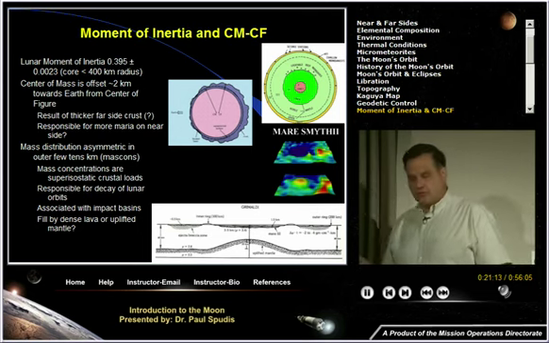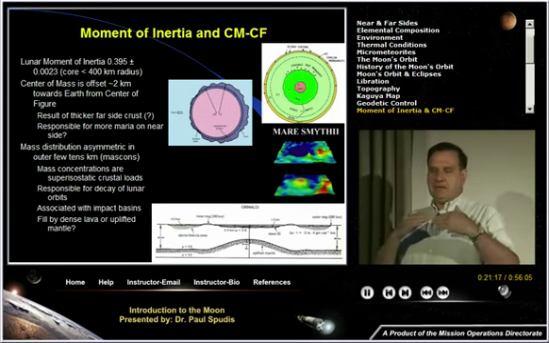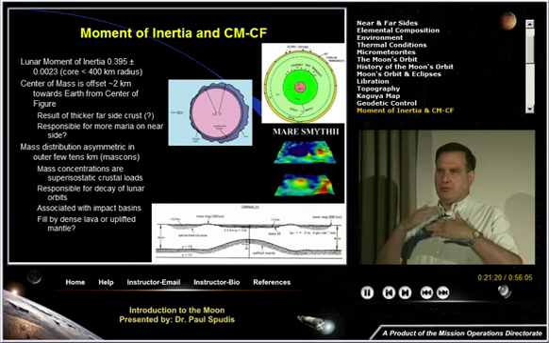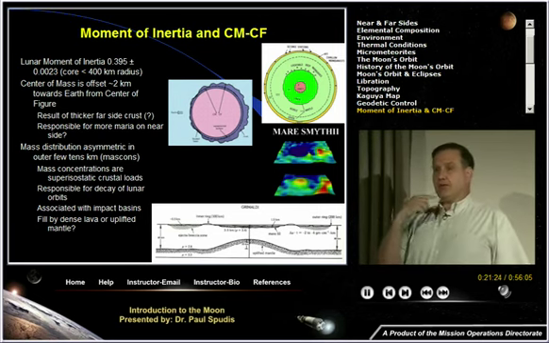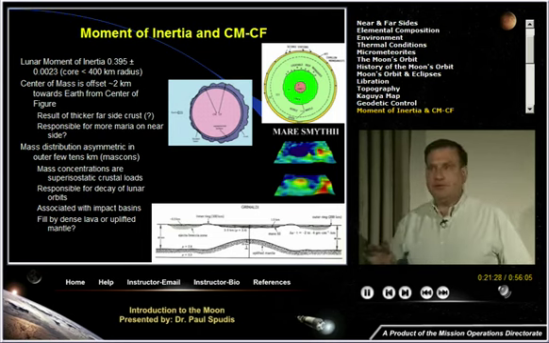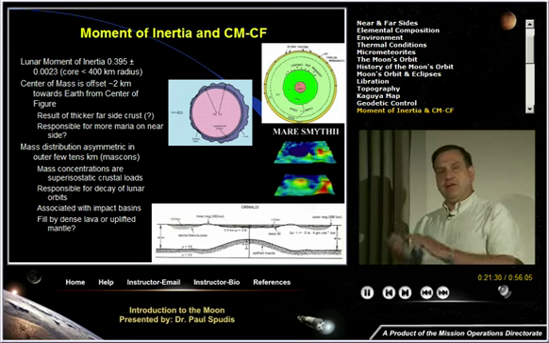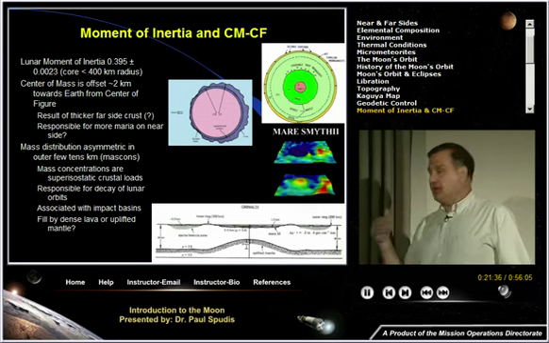We now think that there's a core because the Lunar Prospector spacecraft measured the influence of the interior of the moon on the geomagnetic tail. As the moon flies around the Earth, it goes in and out of the Earth's geomagnetic tail, and you measure a property called the induced dipole moment, which, because the core would be highly conductive electrically, should affect that geomagnetic tail with the direction of the flux lines.